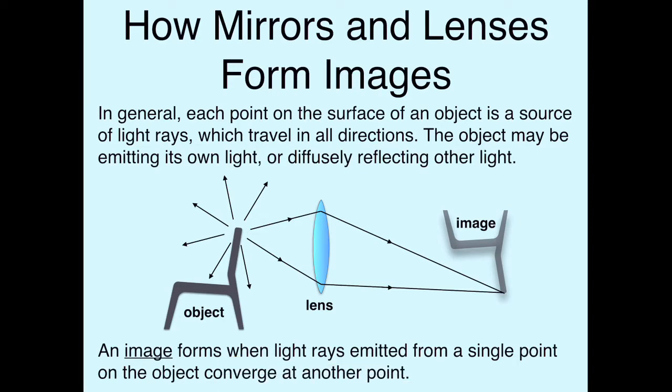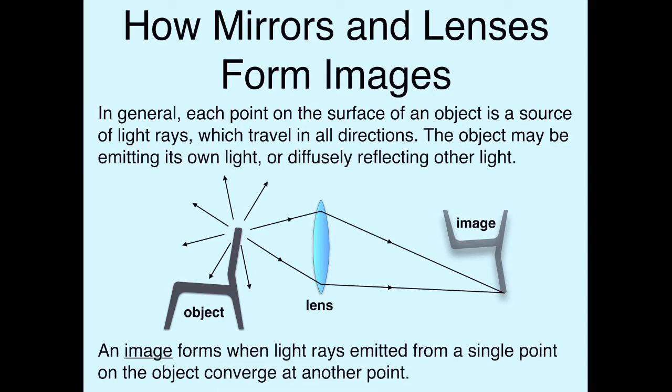Okay, so now let's say we put a lens next to that object. Well, if we follow some of those outgoing light rays from that point, the lens can actually bend those light rays so that they're coming together. So they were diverging before, but now they're coming back together. And there's some point where those outgoing light rays actually meet again. And that's where an image forms.